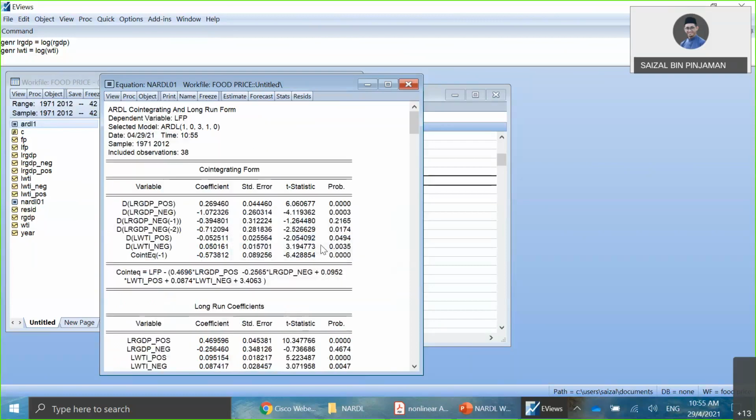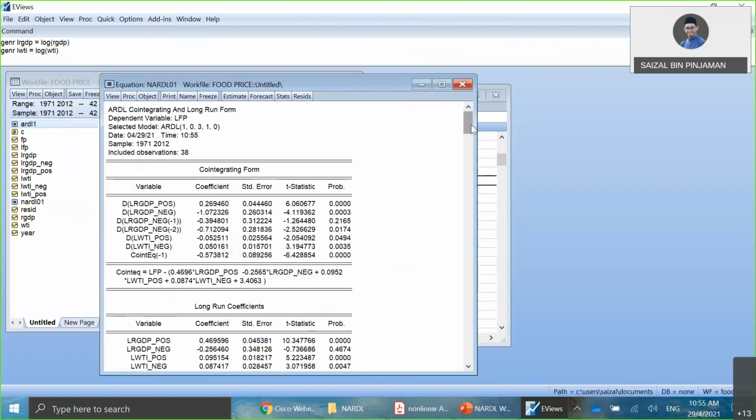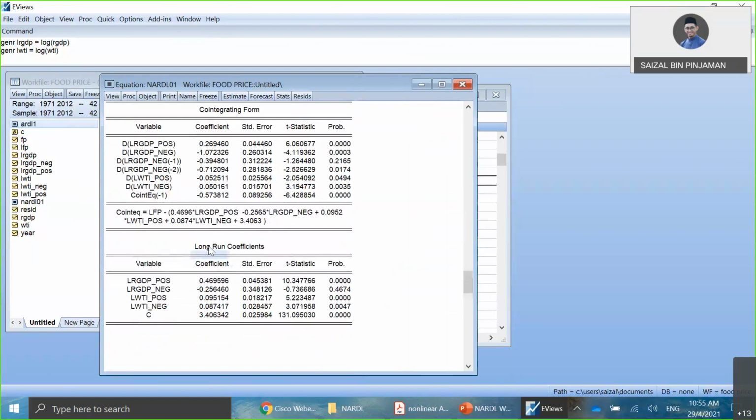Click long run. Here we have the long run coefficients: the relationship between positive and negative GDP as well as fuel price towards the food price. And of course, we have the probability values and the coefficient values as well.